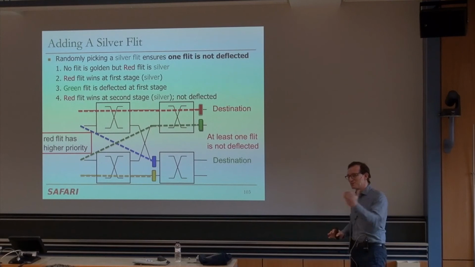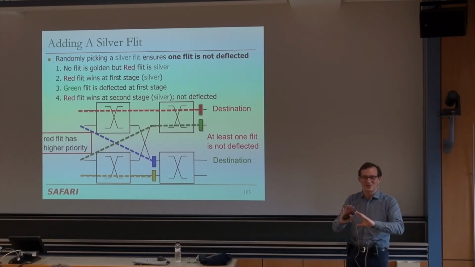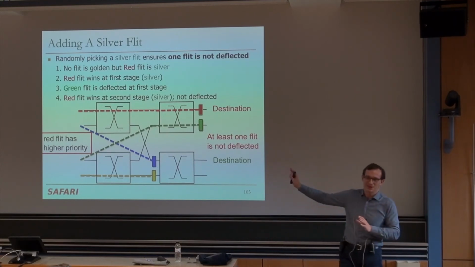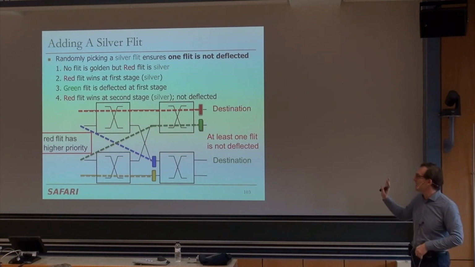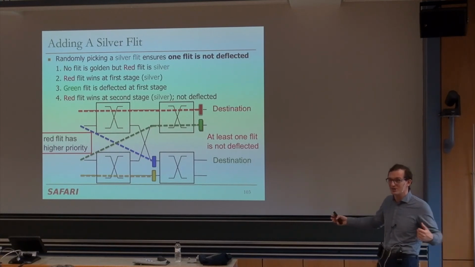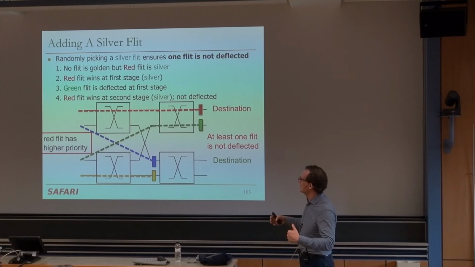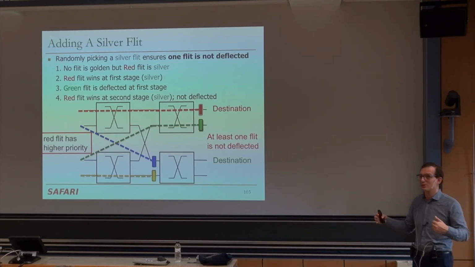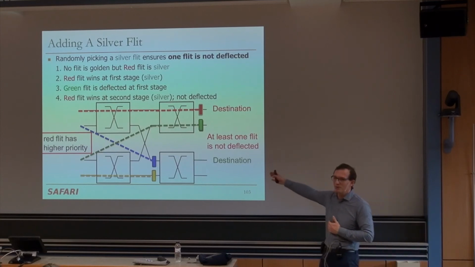As a result, it gets prioritized here, deflected here, prioritized, deflected, so it's not a good choice in general. It's good to have some coordination in the network. We didn't have that here, but some other work that we may get to talks about coordinating the routers. So that's one thing to keep in mind when designing networks: if you're making local decisions, that's not necessarily good for the global picture. And this is one perfect example.